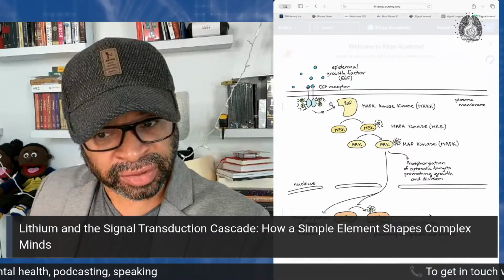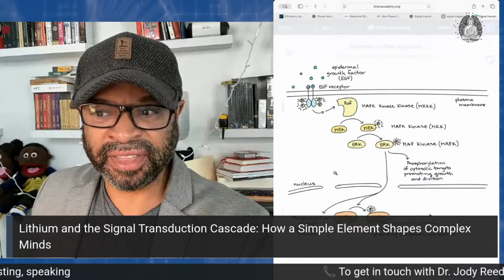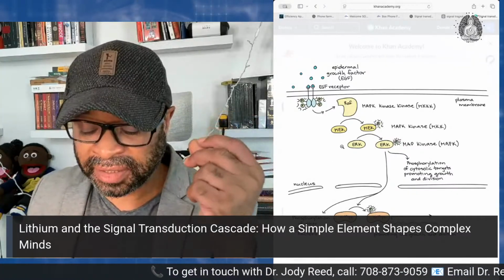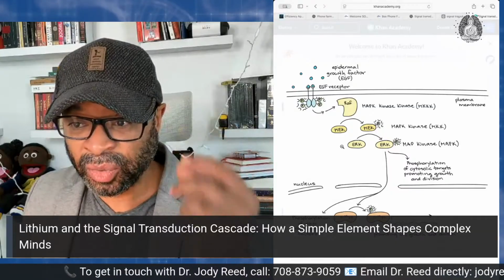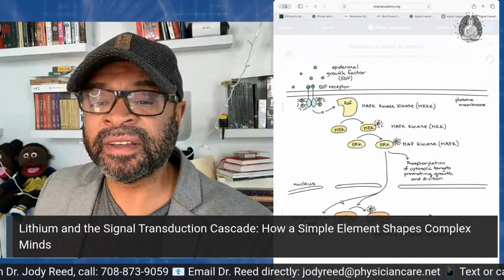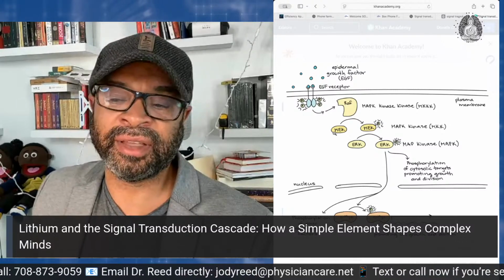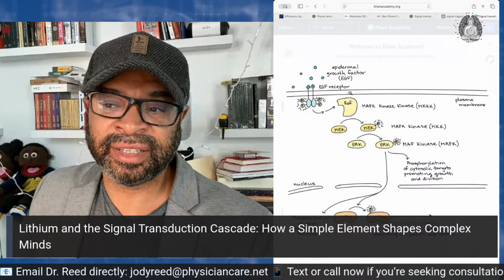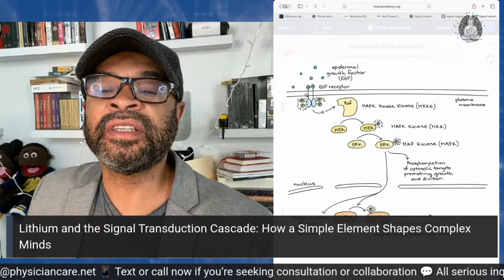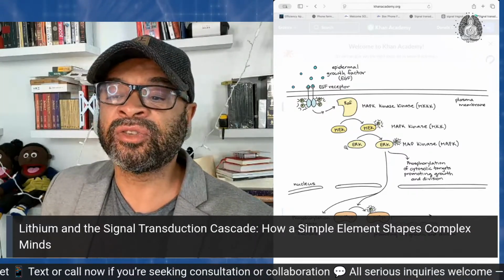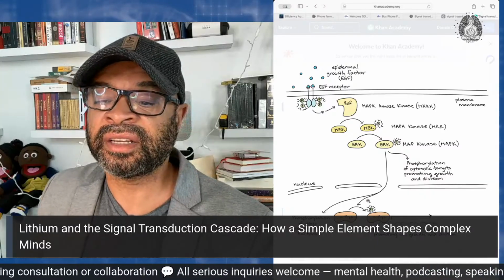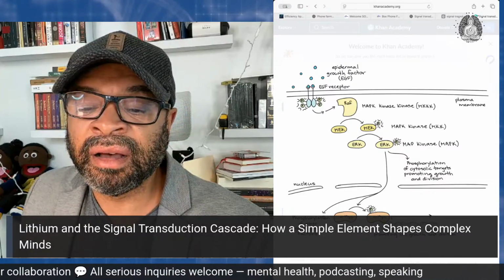Interesting, I never placed the signal transduction cascade within the plasma membrane. This is the plasma membrane here, here's the cell, this is the nucleus here, and here are the receptors. This is the signal transduction cascade that sends the signal here, phosphorylation.